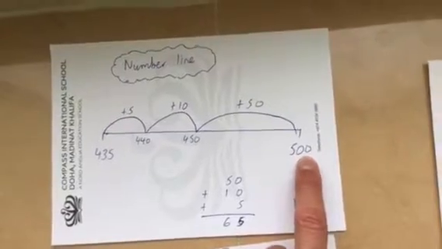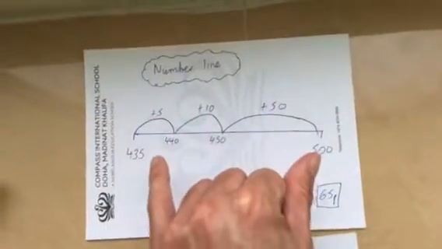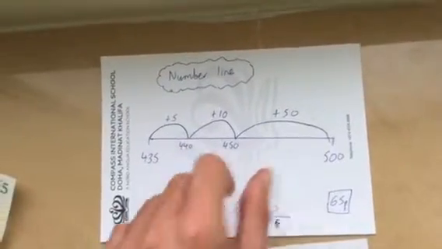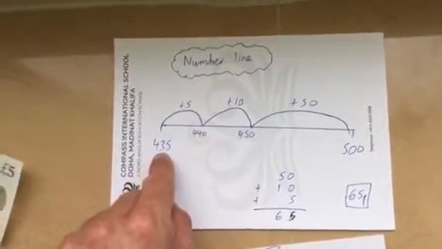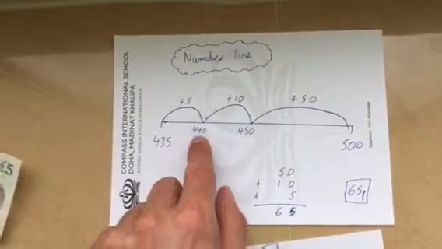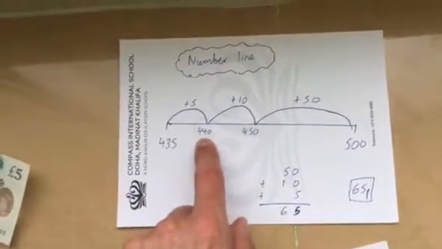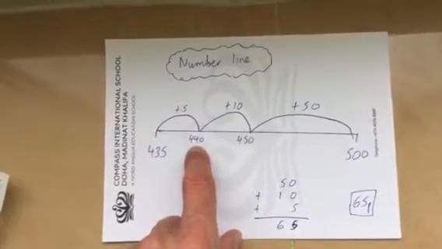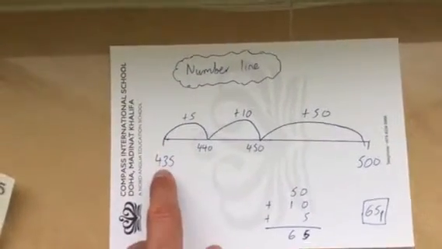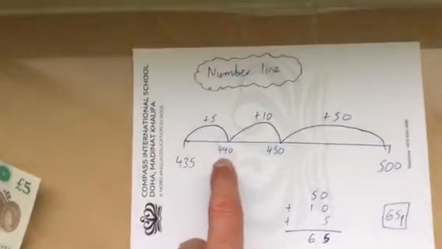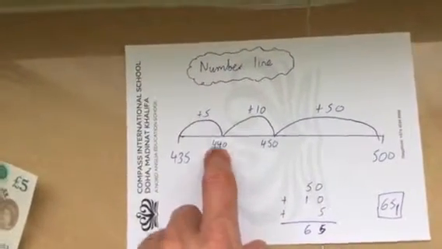And what I need to do is find the difference between these two amounts. So from 435, I go to the next 10, which I know from counting upwards is 440. And I know that the difference, if I jump from 435 to 440, is 5.